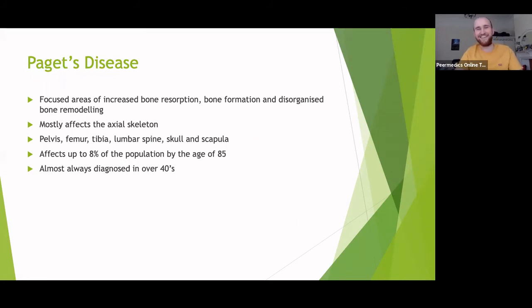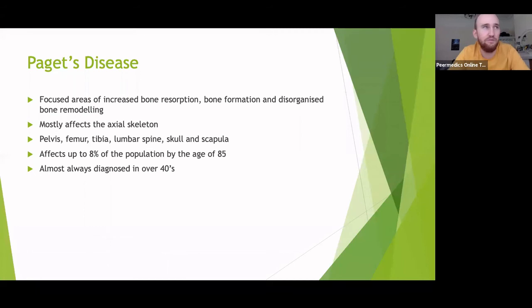They've got Paget's disease. The reason why his hat's not fitting anymore is because of disorganized bone remodeling. Paget's is focused areas of bone resorption and formation, which sounds relatively normal, but then it's remodeled in a disorganized fashion. It affects the axial skeleton mostly, that's the central part.